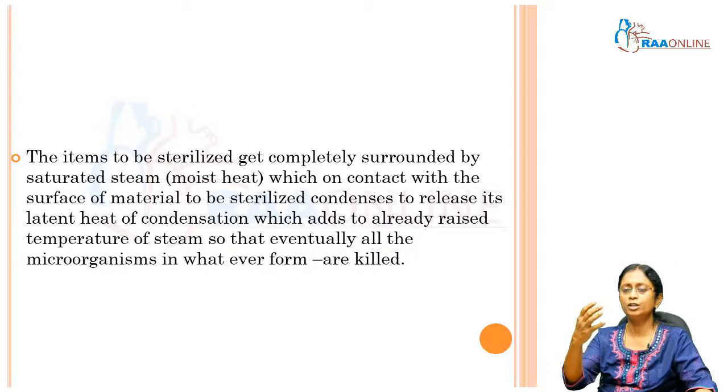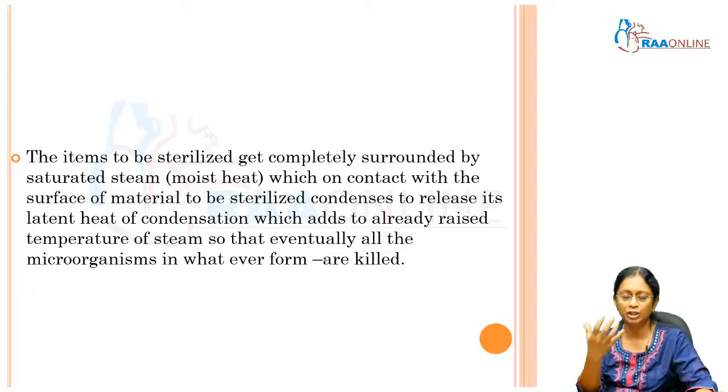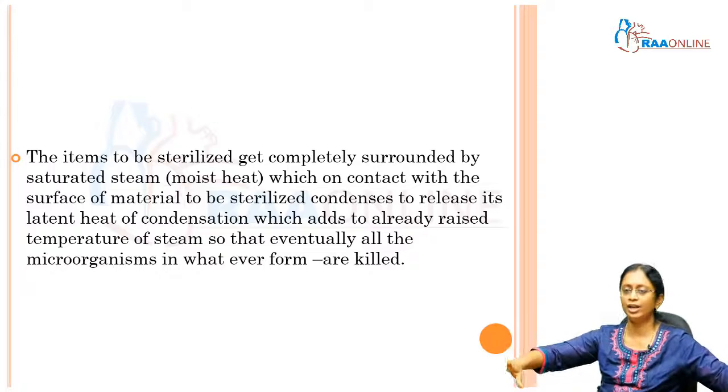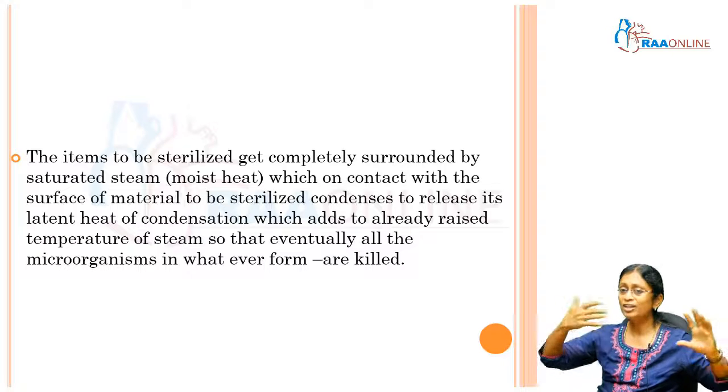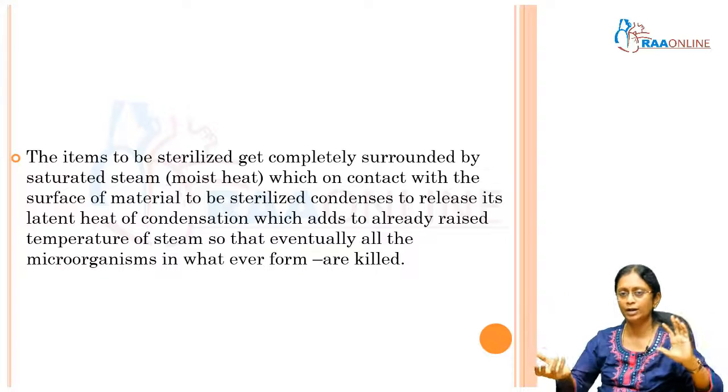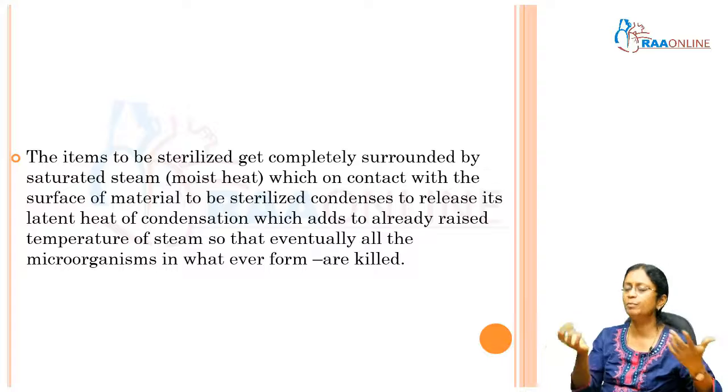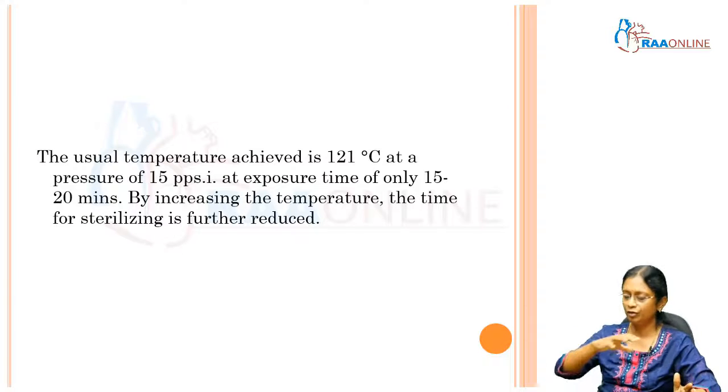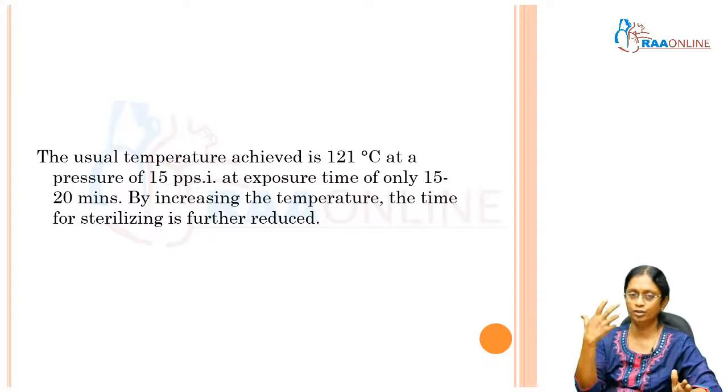When the steam comes in contact with the surface of the material to be sterilized, it condenses and releases latent heat, which adds to the already raised temperature of the steam within the system, and the microorganisms and spores on the surface of the material are destroyed.